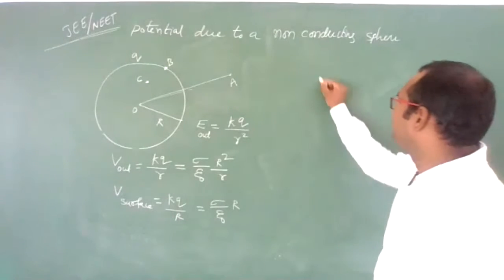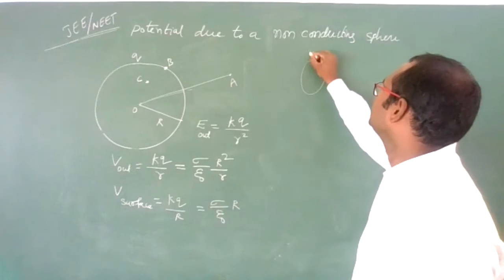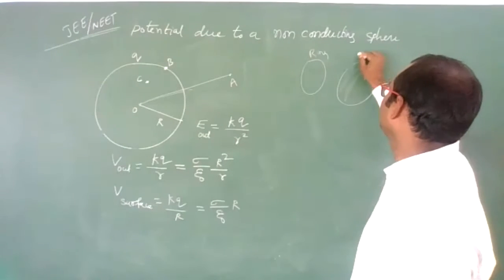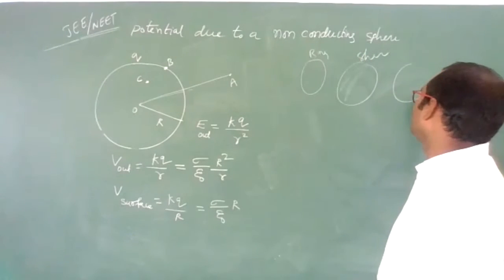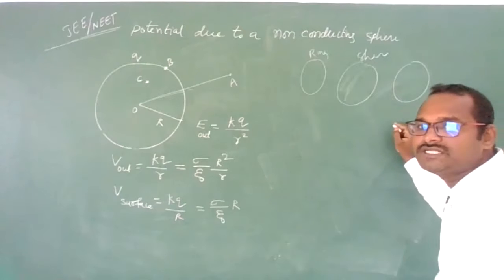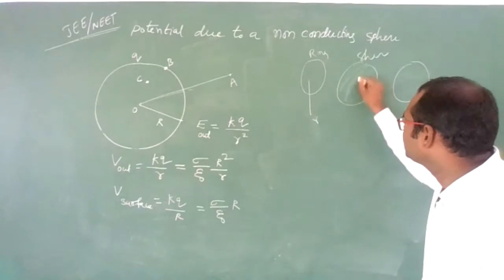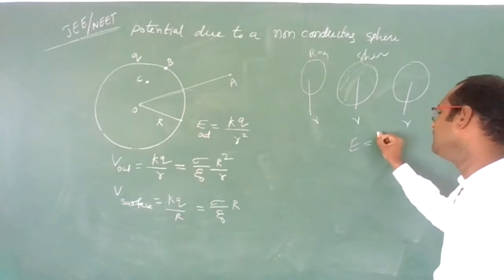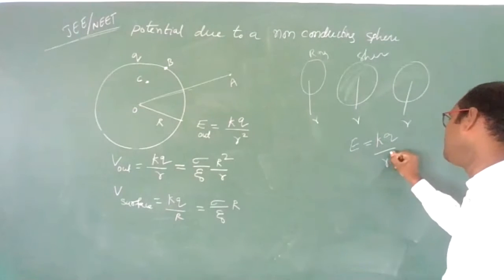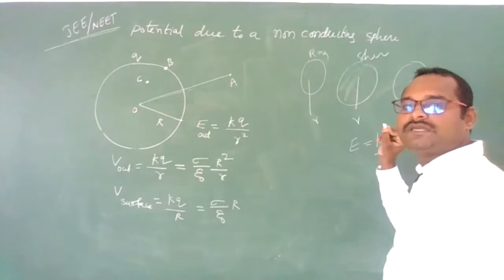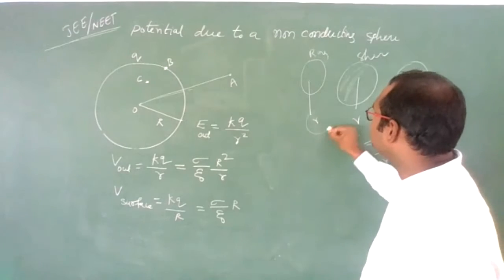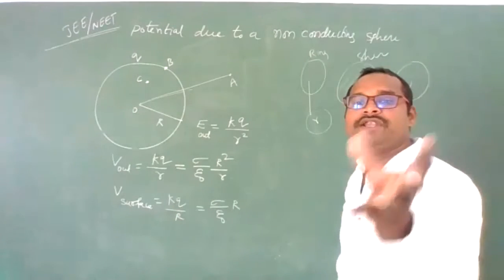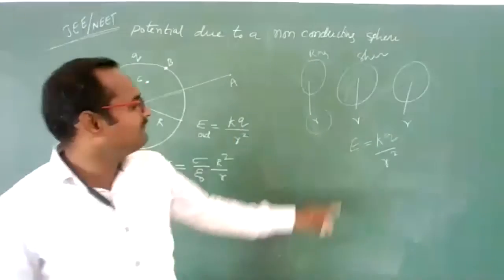For a shell, conducting sphere, non-conducting sphere, for an outside point, electric field is same, that is kq by small r square. It behaves like a point charge for an outside point, so the electric field you will get is same.